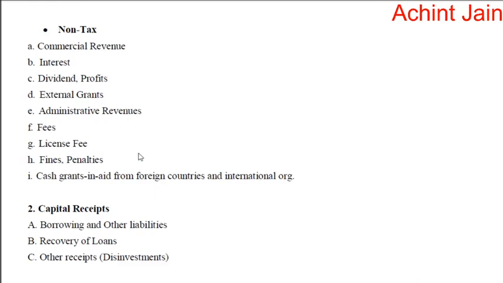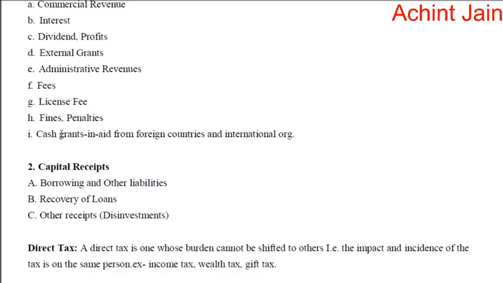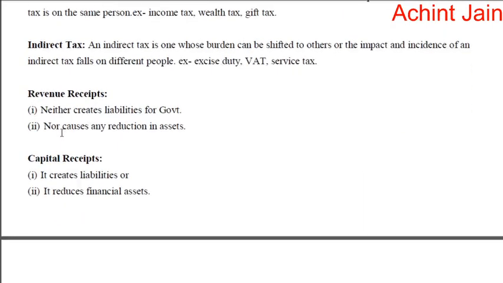Now the next component of the government budget is the capital budget. But before the capital budget, the second part of the revenue budget is remaining, that is related to revenue expenditure.